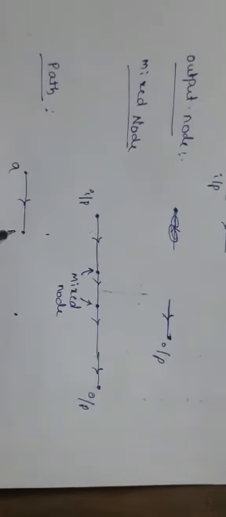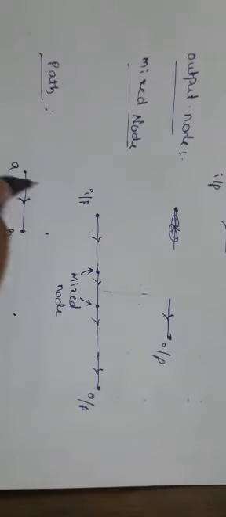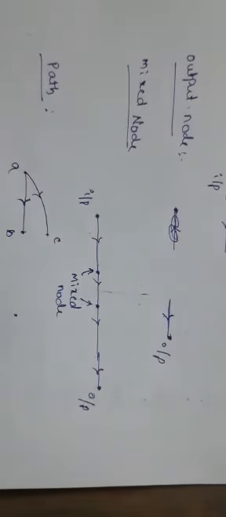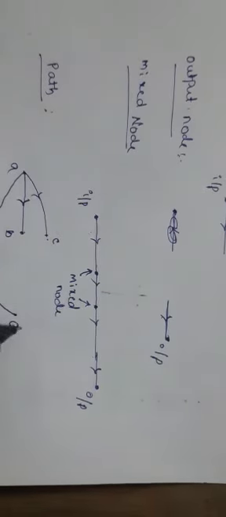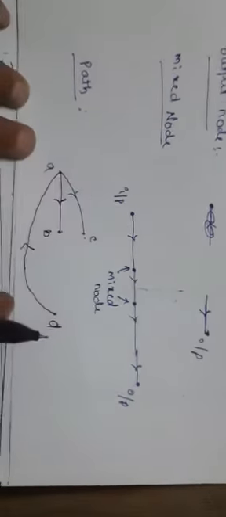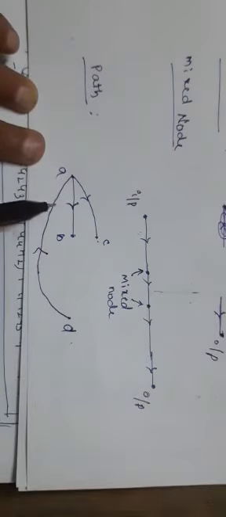From A to B is a path, not from B to A, because of the arrow; the path is from A to B. Like this, the path is there from A to C, not from C to A. The path is there from D to A, not from A to D. This is called a path, D to A.